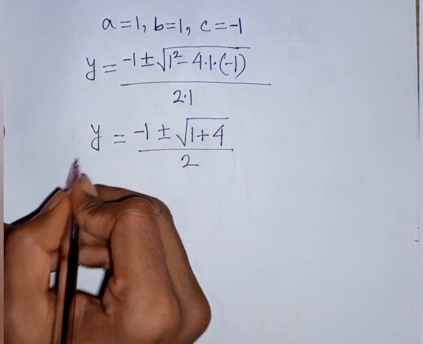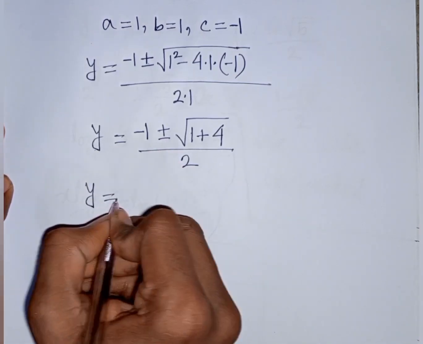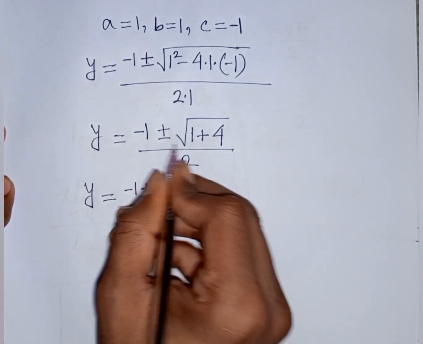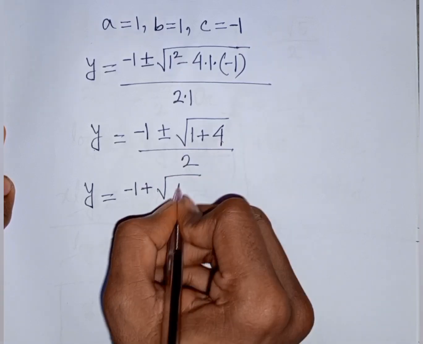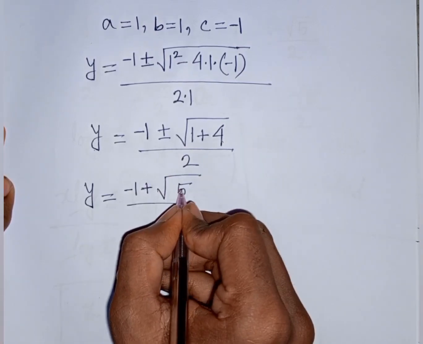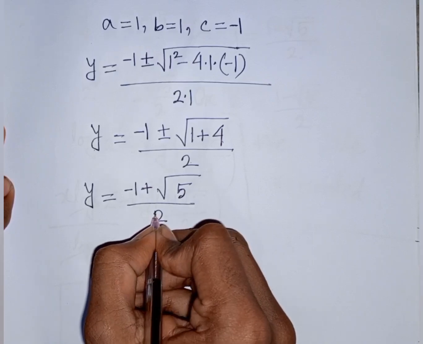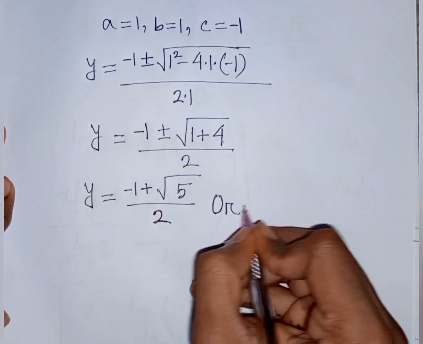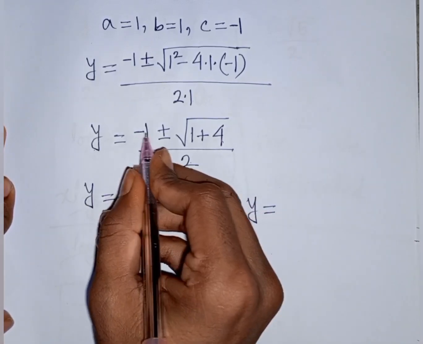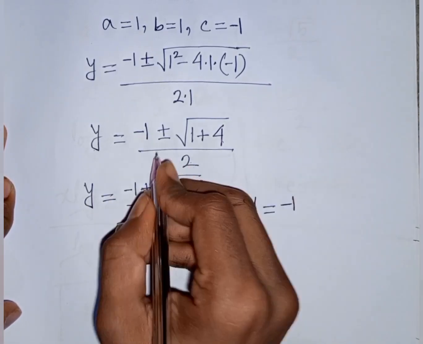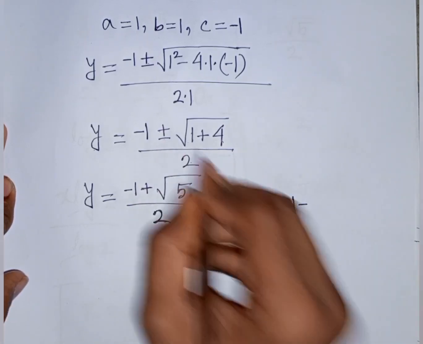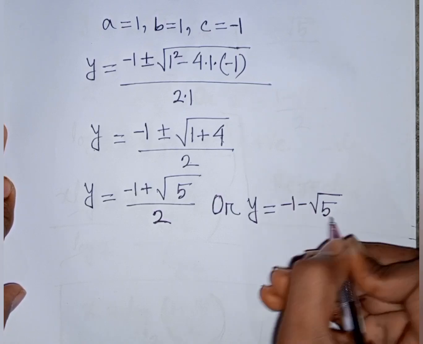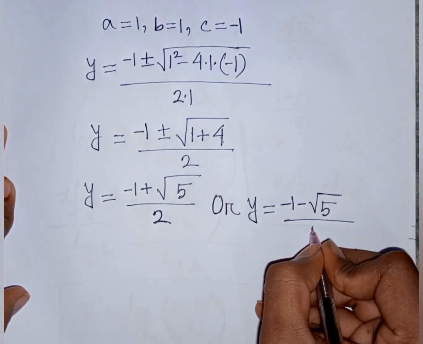Now we see here two cases, so you can write here y is equal to minus 1 plus a square root of 1 plus 4, that means 5, then divided by 2, or y is equal to minus 1 minus a square root of 1 plus 4, that means 5, then divided by 2.